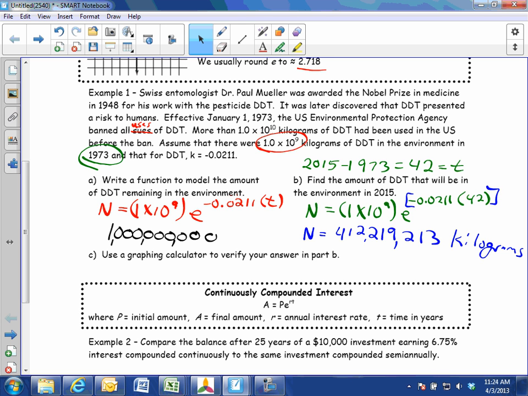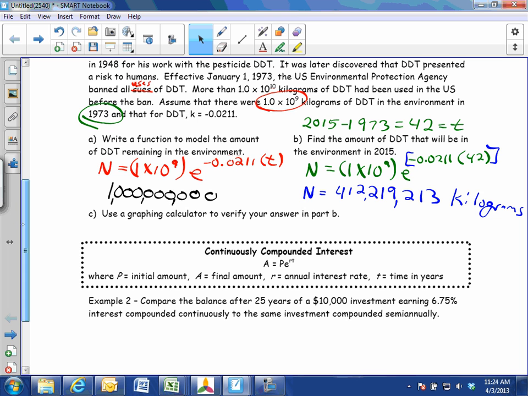Okay, then it says to use your graphing calculator to verify your answer. Do you guys know how to plug in the y equals? You can put anything on your calculator screen. Should you go into the y equals? Instead of 42, put in your answer.